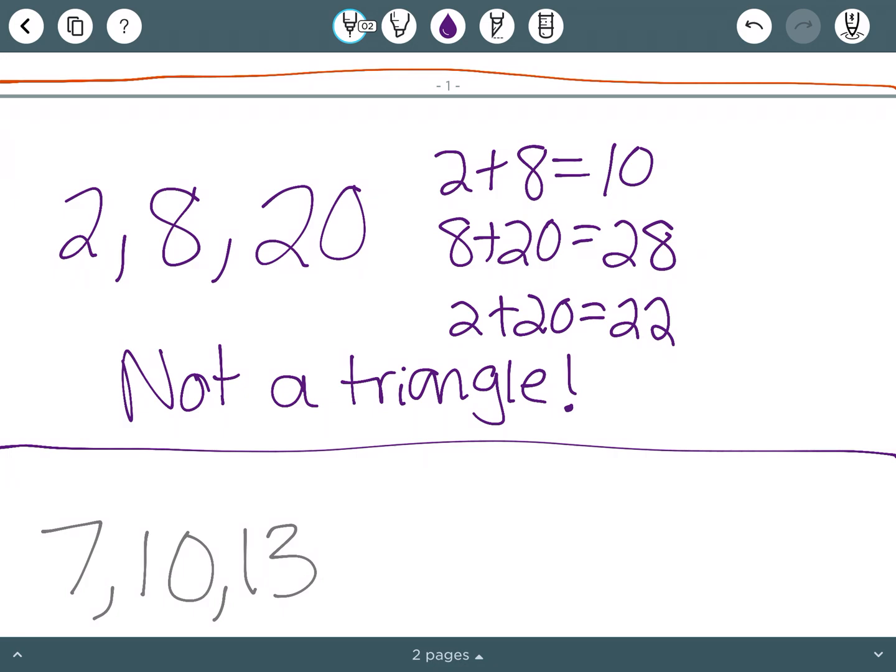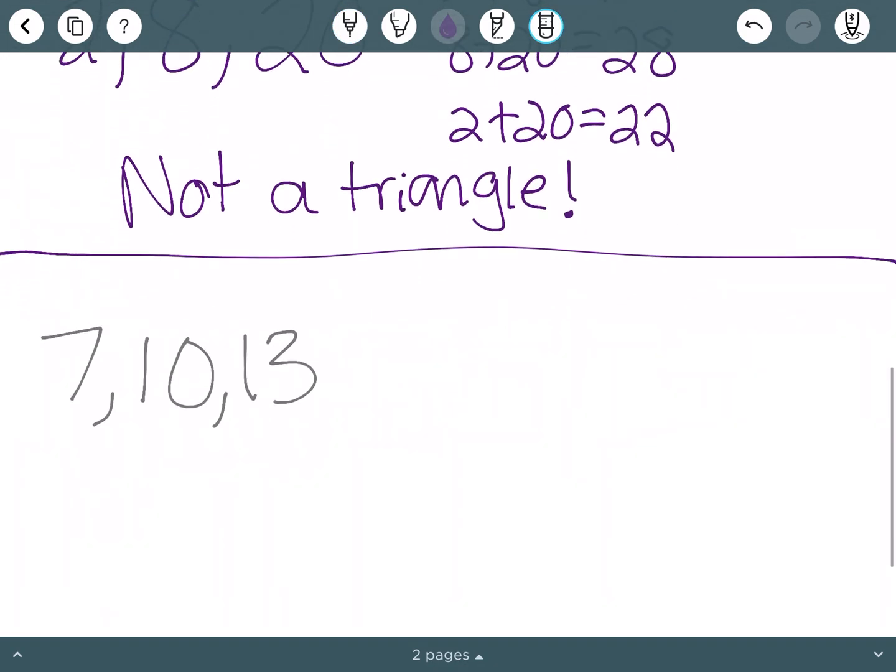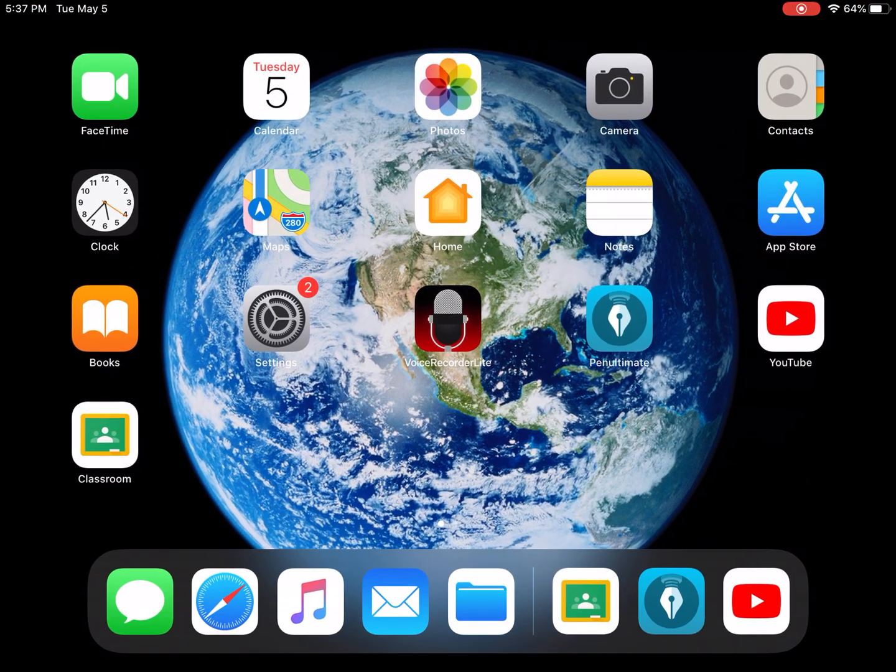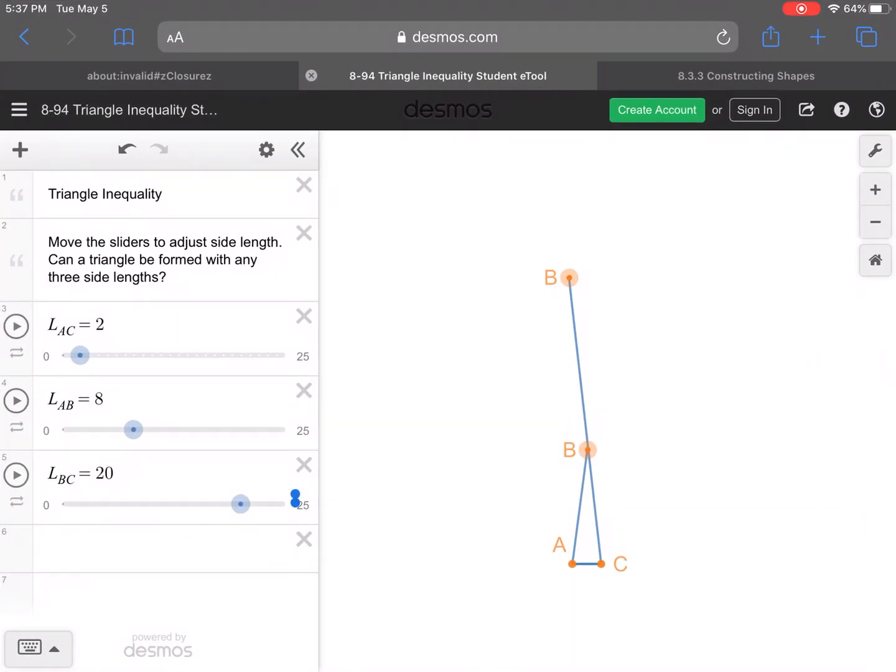We're going to do the same thing here. So I have sides 7, 10, and 13. Let me go ahead and adjust these. So again, that was 7, 10. Oh, here we go again with this.